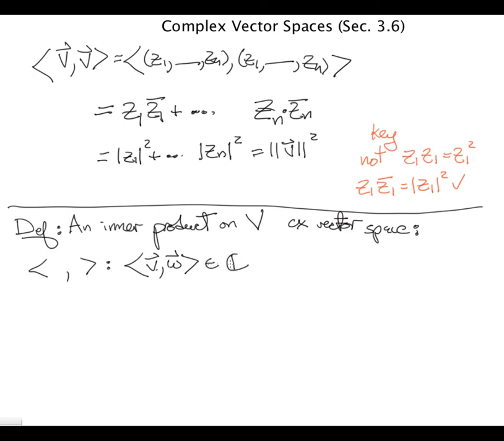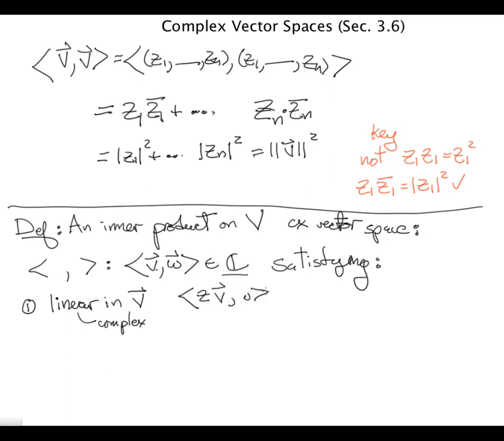And what properties does it satisfy? So it's a map which takes two vectors and from them gives you a complex number, not a real number. This is correct. It's a complex number here, satisfying what conditions? Well, the first one is that it's linear in v. And when I say linear, I mean complex linear, which is to say, if you take <zv, w>, what you get is z times <v, w>.